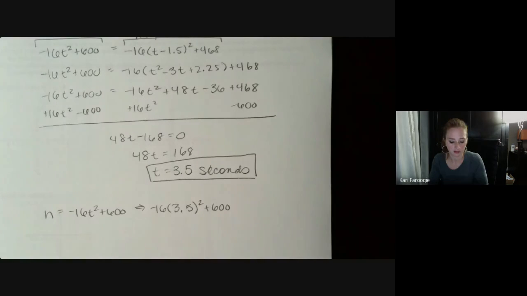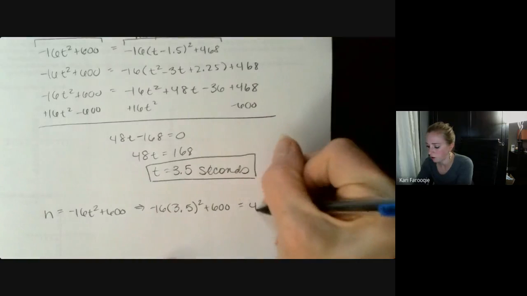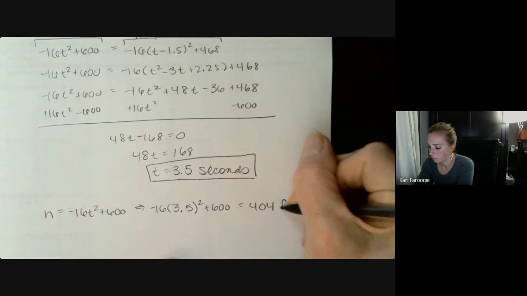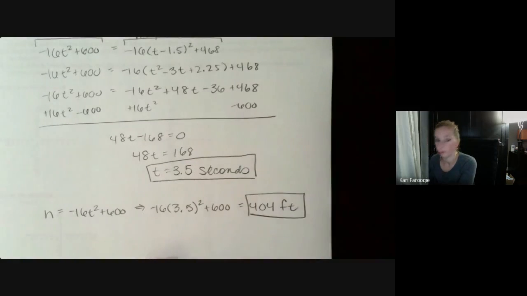So negative 16 times 3.5 squared plus 600 is 404 feet above the ground.